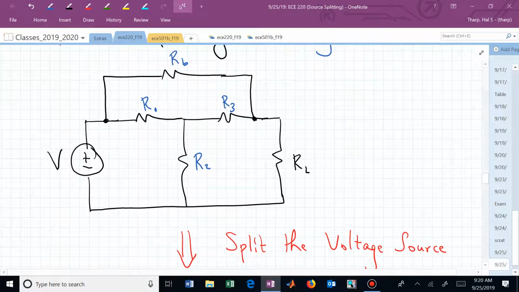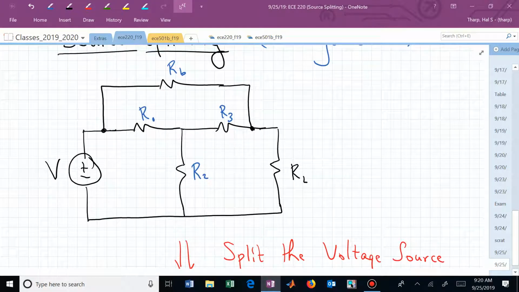And we want to now split the voltage source. The reason we can split the voltage source is because we're playing on the fact that that node is always going to be at V. V is going to be inserted into the R1 and everything to the right, and it's also going to be inserted into that R sub B. That's a bridge resistor bridging two sides of the circuit.